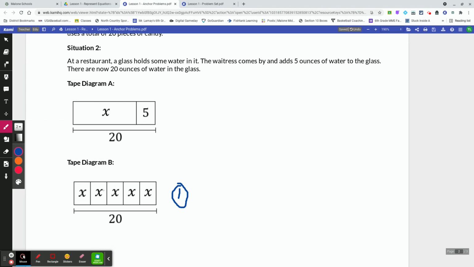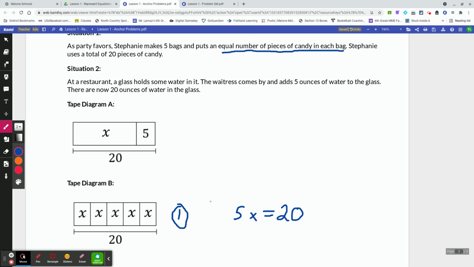So this is like X plus X plus X plus X plus X, which is the same thing as 5X equals 20. That would be the equation. 5 bags of candy, and we don't know how many pieces are in each bag. I mean, we can figure it out, but we don't know right now.